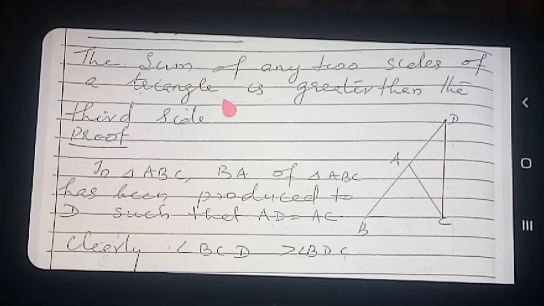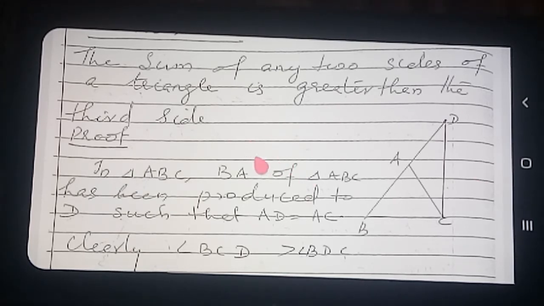So what is your activity? Again your activity is there. Draw a triangle by yourself with a scale and pencil and measure all the three sides. Then take the sum of any two sides. First measure the sides, then add the measures of two sides, then see the third side.